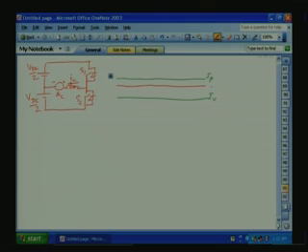Now let us say the switching sequence. When S1 is on, current will flow through IL. So IL will keep on increasing. The moment it touches the IP, we are turning off S1 and turning on S2. Turning on S2 means what will happen? This lower VDC by 2 and the back EMF will oppose this current.